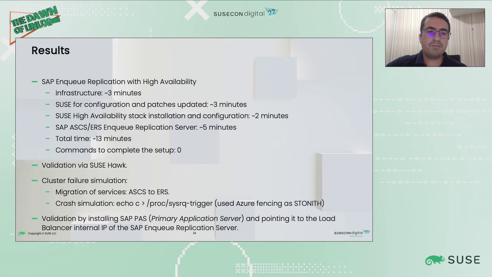So in total, you have around 13 minutes of total deployment with zero commands of execution on those systems to make the deployment work. In some scenarios, it could take around 20 minutes, but we understand that this kind of configuration, when done manually, can easily take around 40 hours of human work time.